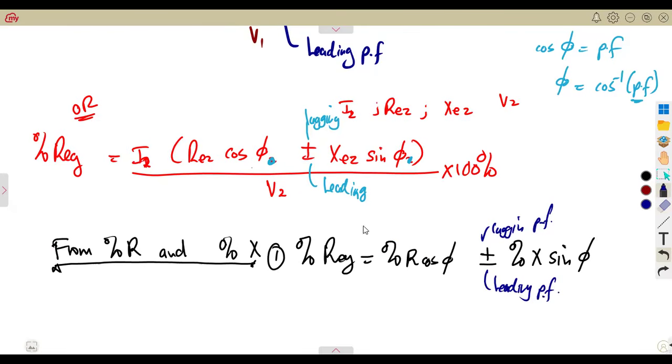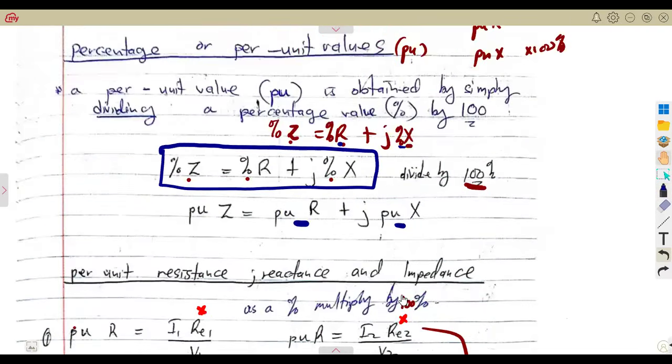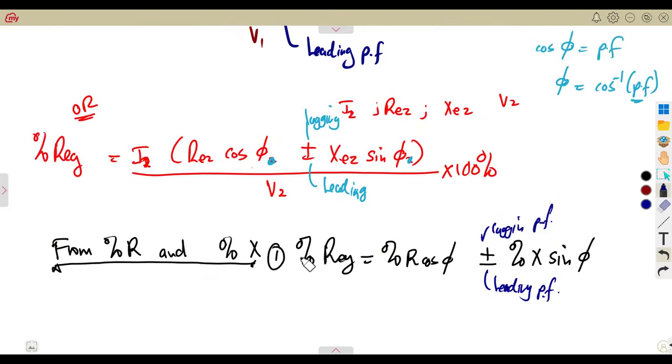If you consider that they are percentage resistances and reactances you are talking about there, remember when you had impedance before, we talked of percentage resistance and percentage reactance. As they are, they can now be used to calculate a percentage regulation. There is no J there. You just combine. Your answer is going to be a percentage, as it is.